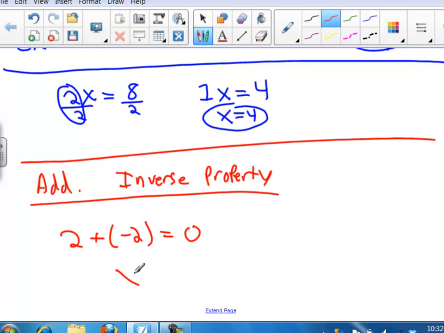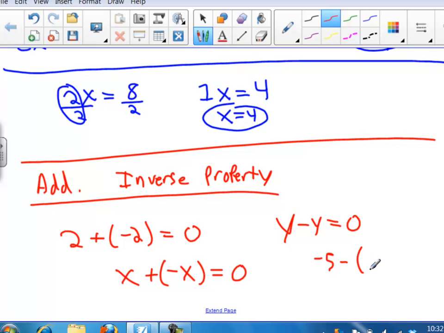If you take x and then you add negative x, you're going to get 0. In the same way, if you take y and just minus y, you'll get 0. If you take negative 5 and minus, well, now it's got to be the inverse, so instead of a negative, this will now be a positive. This will be the one that will probably catch you, if anything.